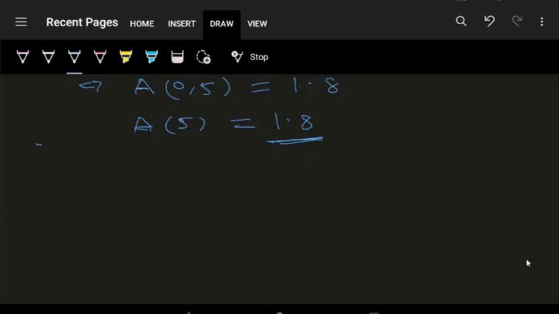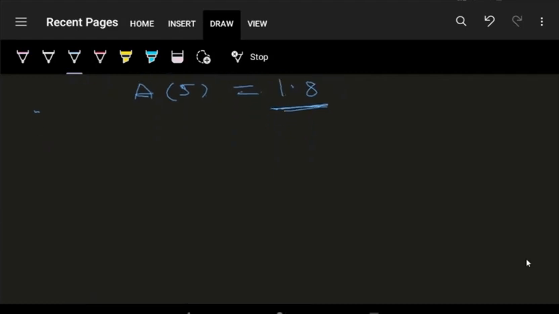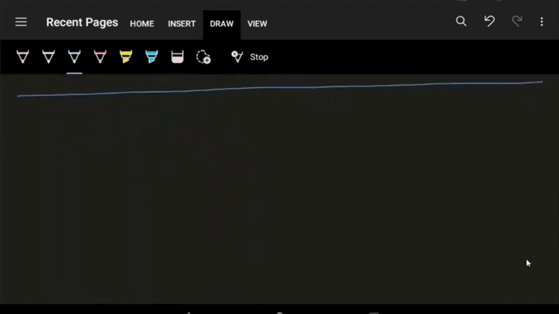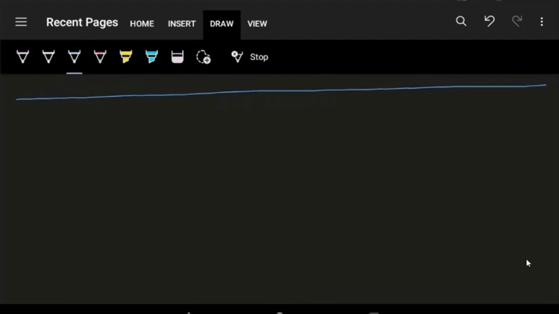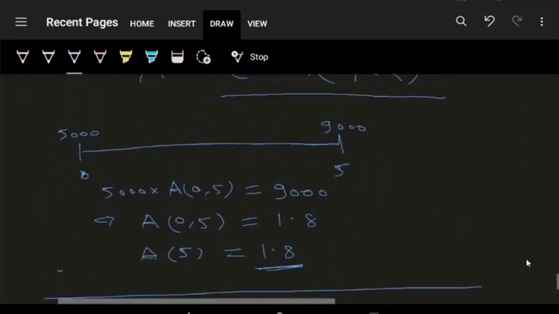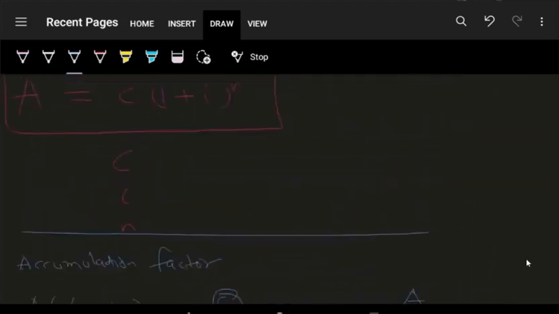In the above example of simple interest, we saw that when you multiplied this 10,000 with this amount, we got this amount. This was here in the simple interest.